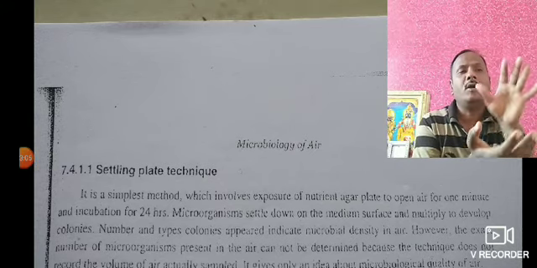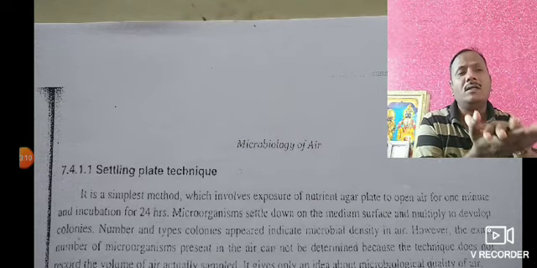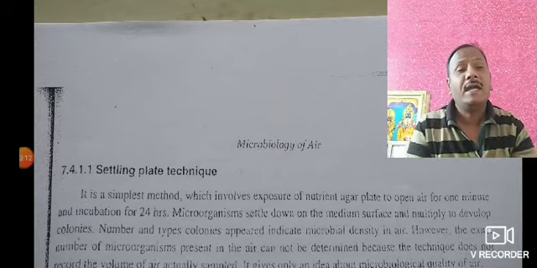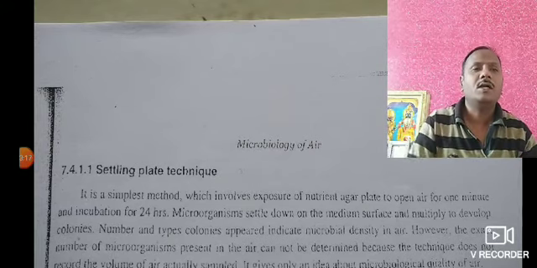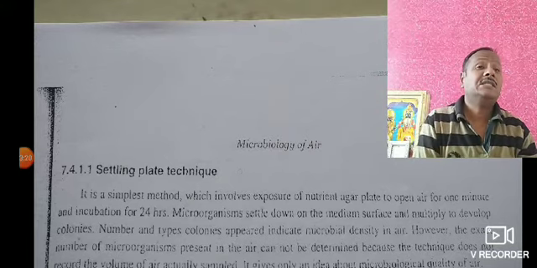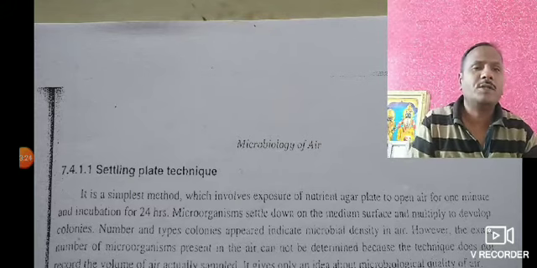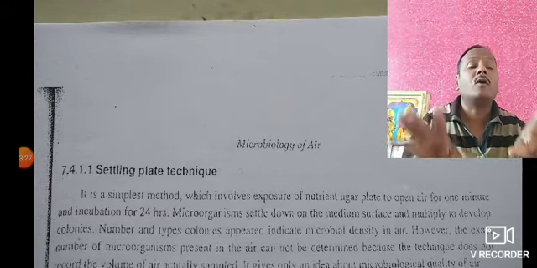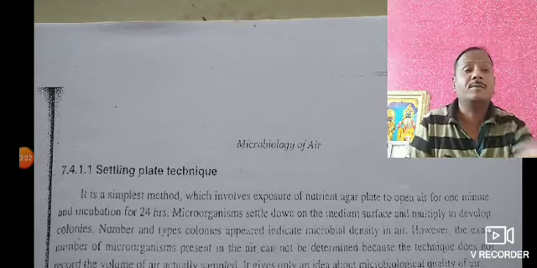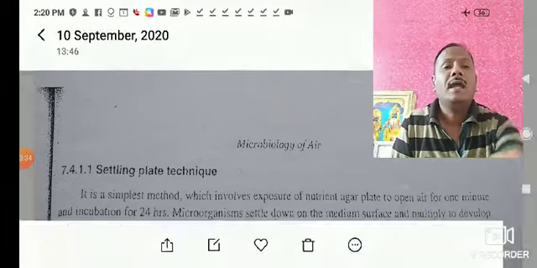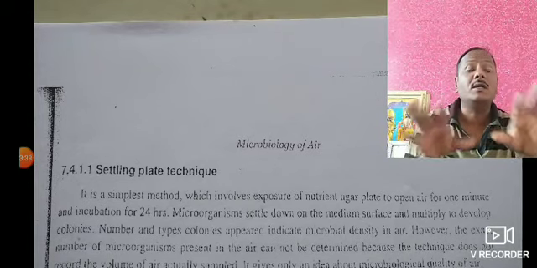After 2 to 5 minutes you put the lid back on the plate, and keep the plate in the incubator for 24 hours at 37 degrees Celsius. After incubation, a number of colonies grow on the nutrient agar medium, which indicates that different types of microorganisms grow on the plate.